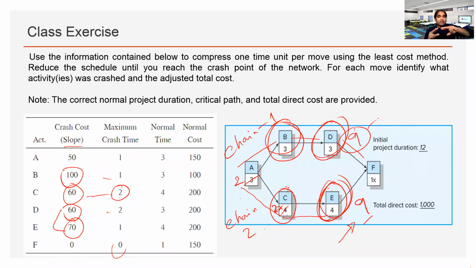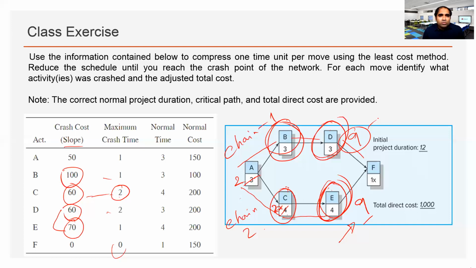Now if we only crash one activity from one chain, that will not help us in reducing the total project duration. So we must simultaneously crash 2 activities from both chains to reduce it by 1 day. So D and E is our option. There should be an added 130 additional cost per unit day reduction in the project duration.